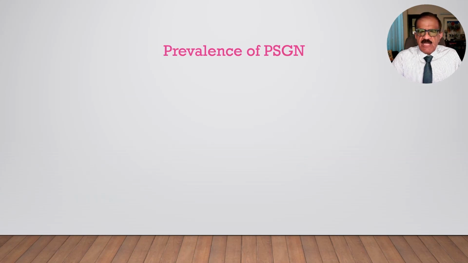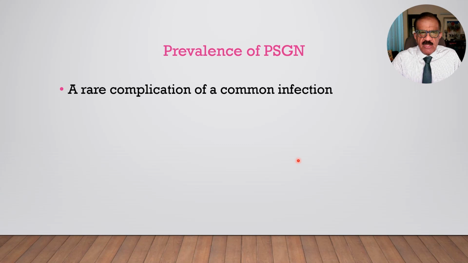So what is the prevalence of this disease? It's a rare complication of a common infection. Streptococcal infection is very common, especially in our part of the world, because it is related to our overall hygienic situation and the crowding. When children live together, they cough and don't take care of coughing etiquette, and they cough on each other's faces and spread the infection.